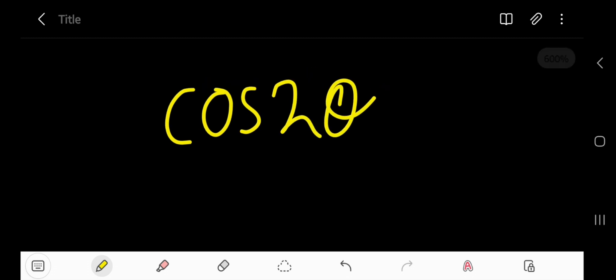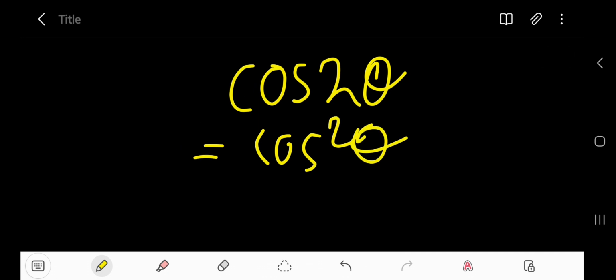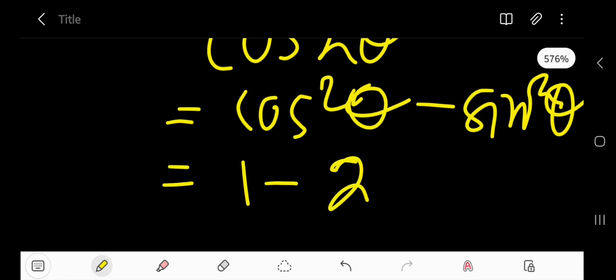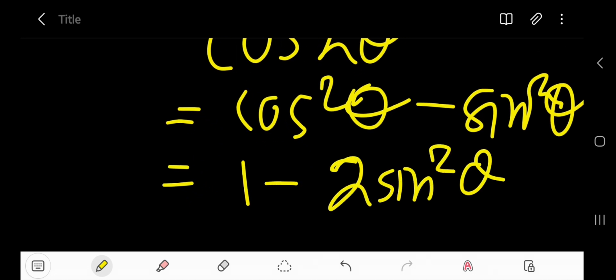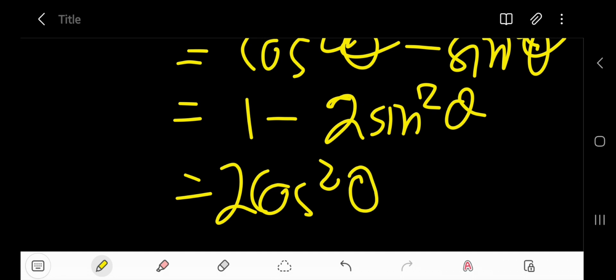We know that cos 2 theta can be written as cos squared theta minus sine squared theta, or as 1 minus 2 sine squared theta, or, more importantly for this question, as 2 cos squared theta minus 1.